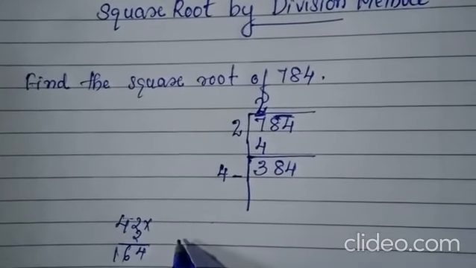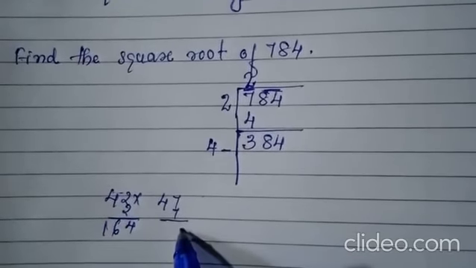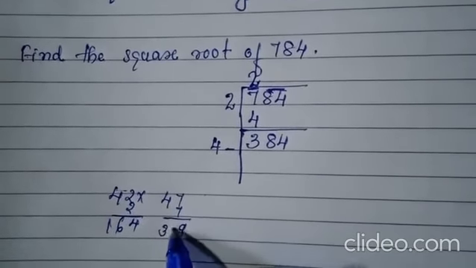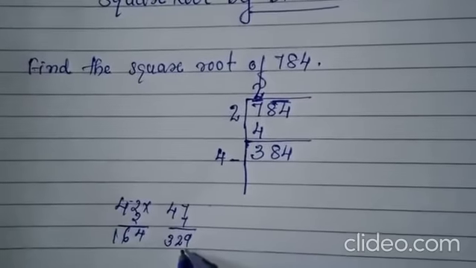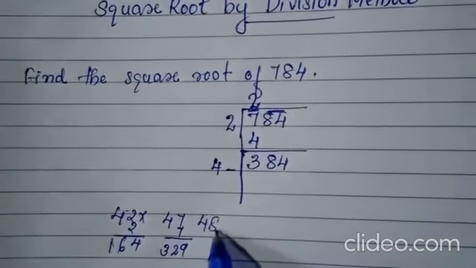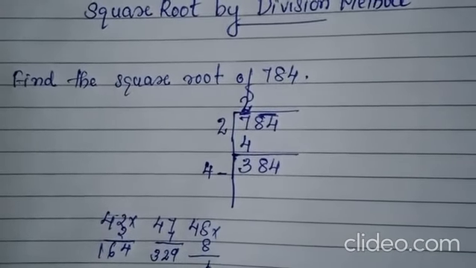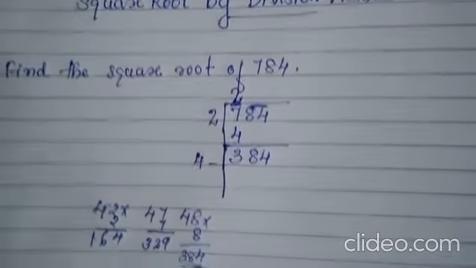It is not possible. So let us do 47 into 7. So it will get 329. Not possible. Let us do another one. 48 into 8. So 8 8s are 64. Yeah, exactly. It will get 384.